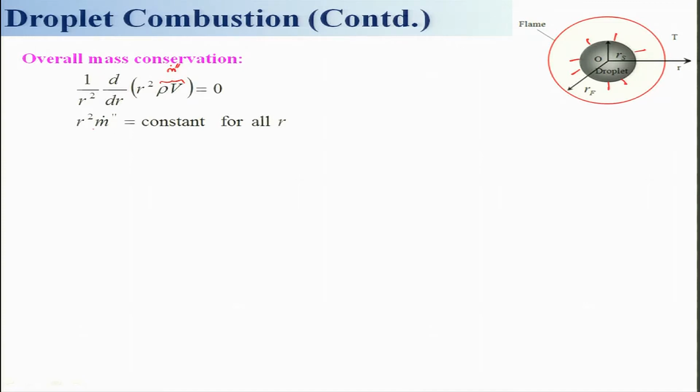And that is saying that mass flux into area, that is mass, is conserved for all radial locations, it remains constant. However, mass flux will be changing. And this is our equation 1. Keep in mind that v is the bulk velocity and rho is the gas density.